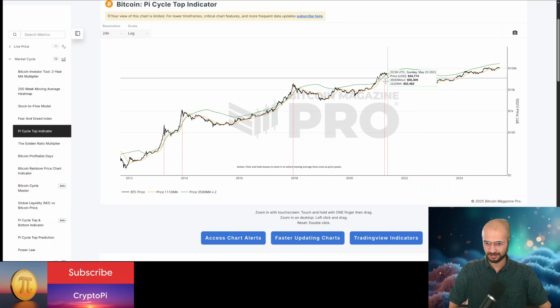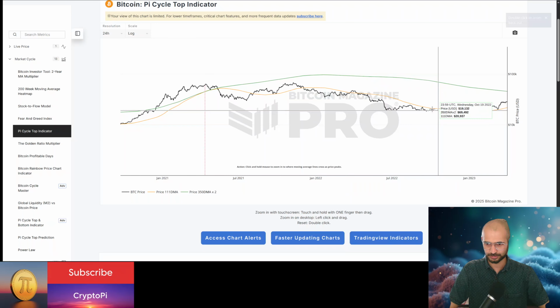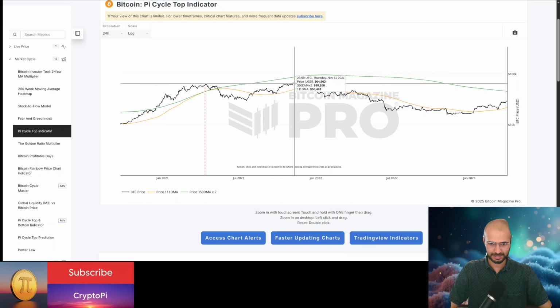And likewise, in the year of 2021, which is here, we identify another top. However, the actual top, if you consider from all-time high, was slightly higher than what was indicated at Pi cycle crossovers, so at the crossovers of moving average, but the downtrend had already begun, and probably this was just a pullback.